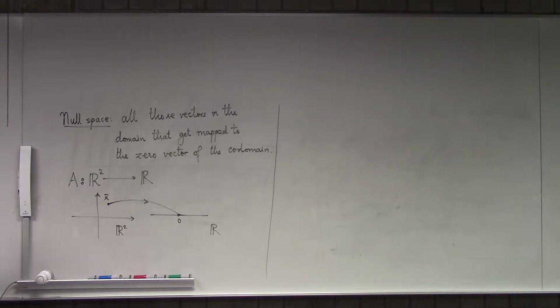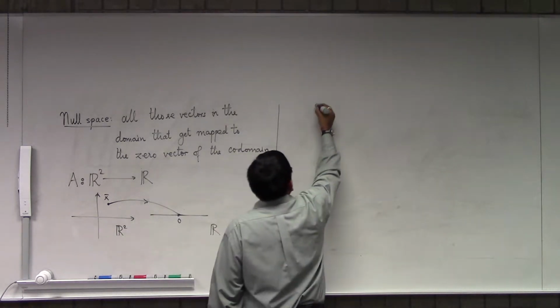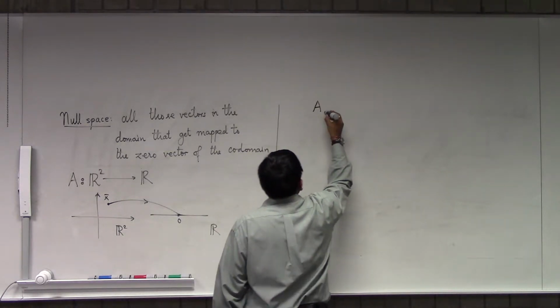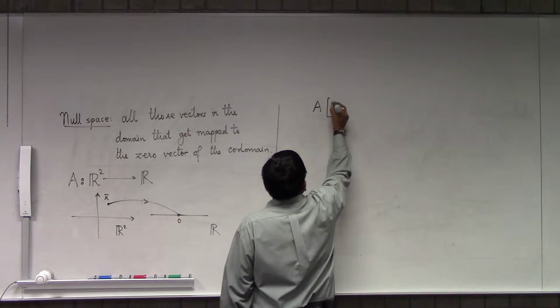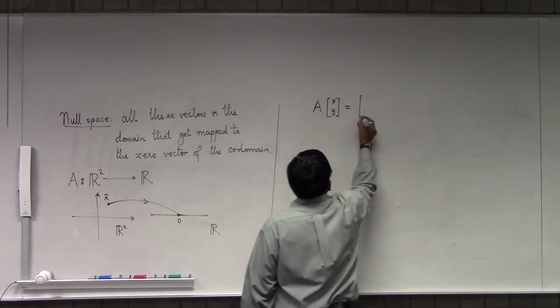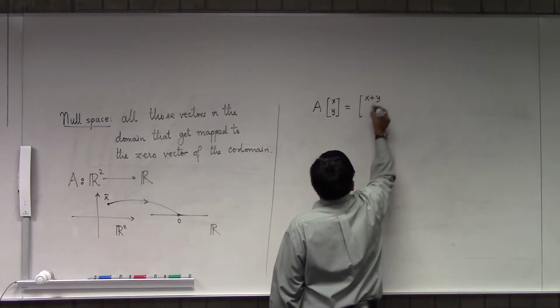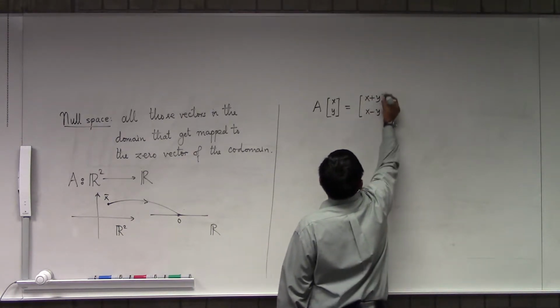Just to make the example a little clearer, suppose I was given this function A, which takes the vector (x, y) and maps it to (x plus y, x minus y).